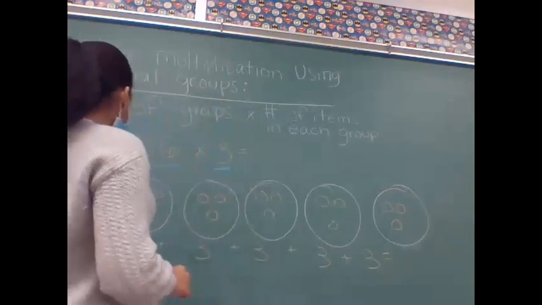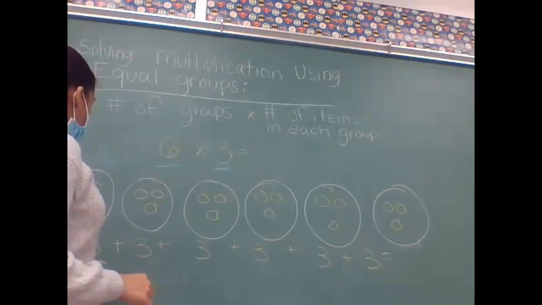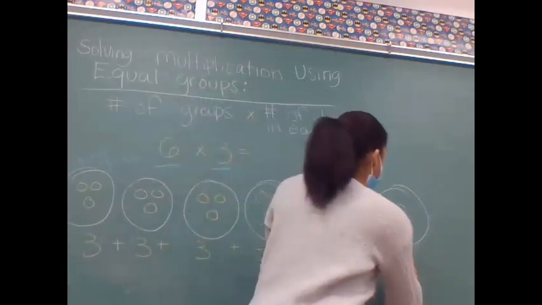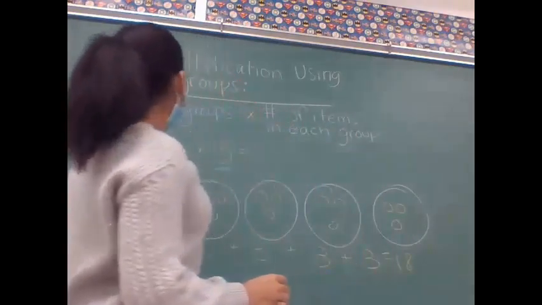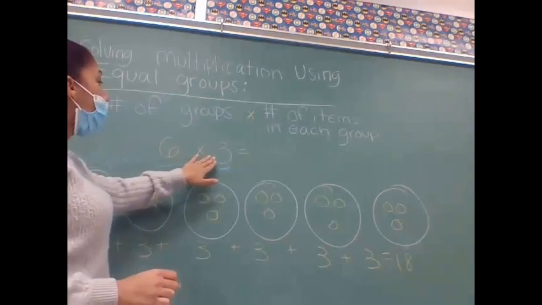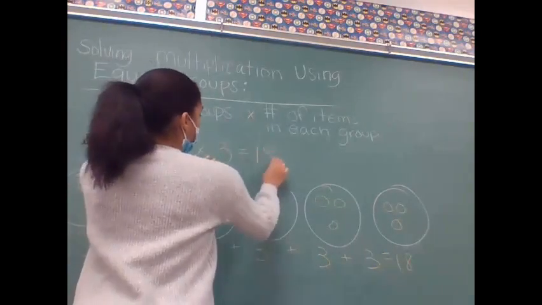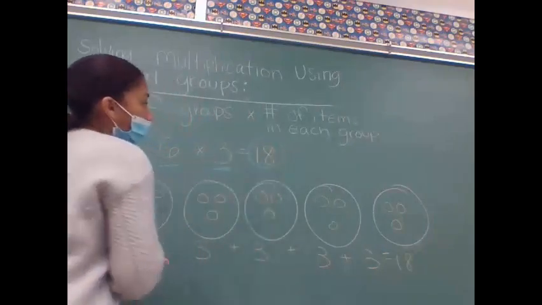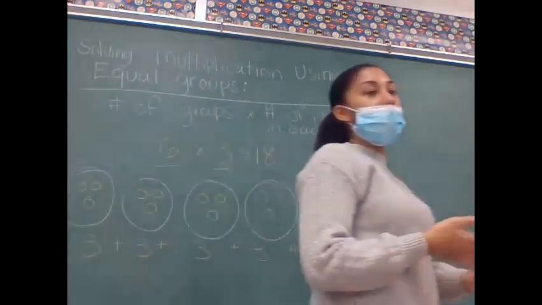We add them all up. Let's count by threes. 3, 6, 9, 12, 15, 18. So 6 times 3 must be 18. Good job, guys. Any questions?